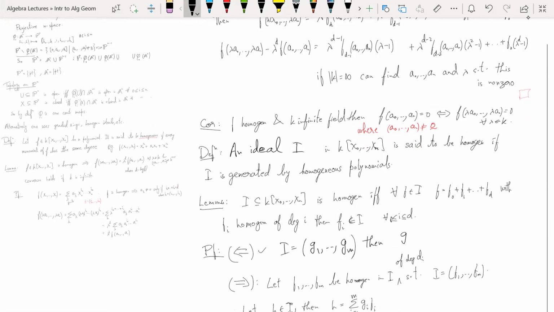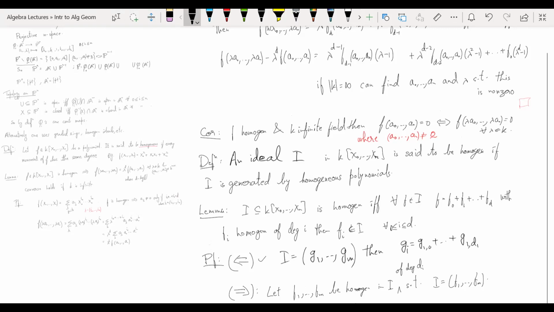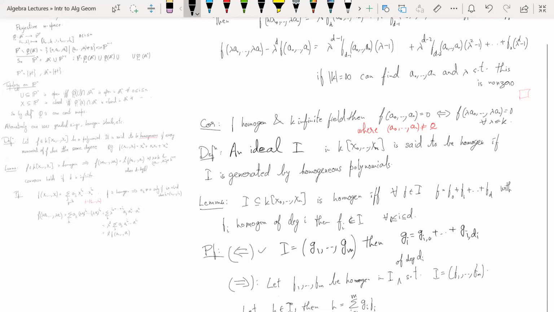You can look at homogeneous pieces of these.